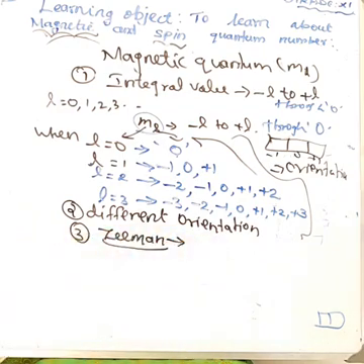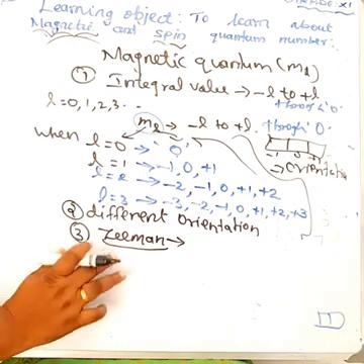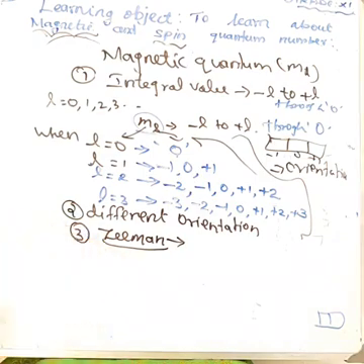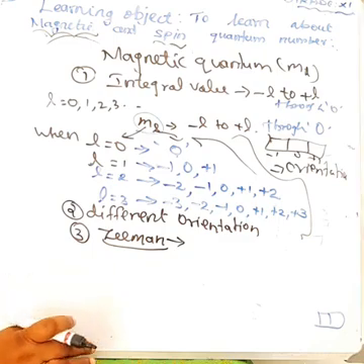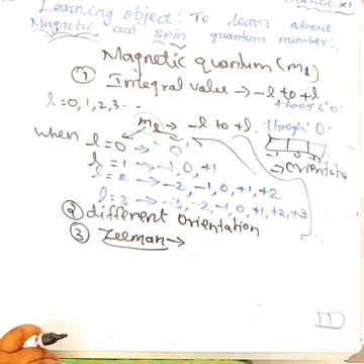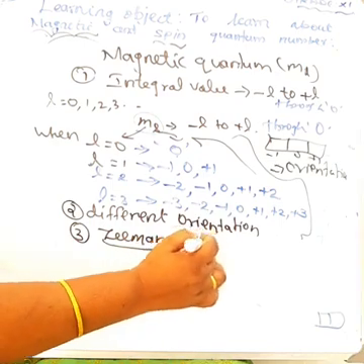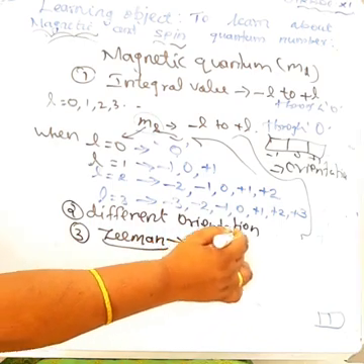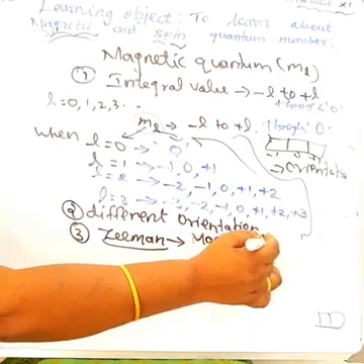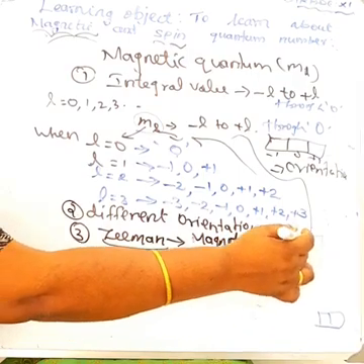Okay. So Zeeman is one of the scientists. He did an experiment to identify the magnetic quantum number. How did he do the experiment? He did it by applying a magnetic field on an atom.